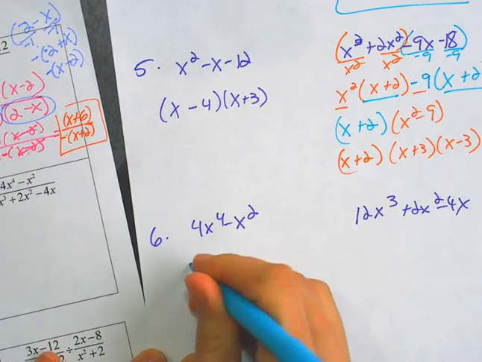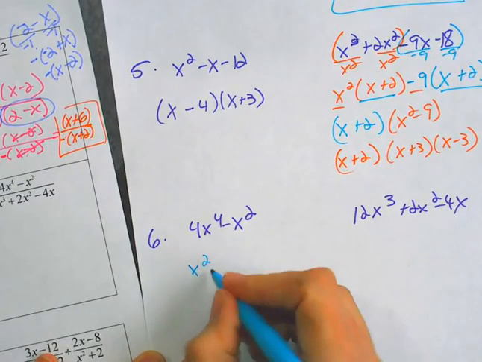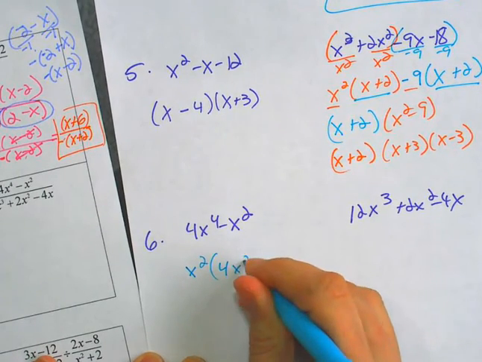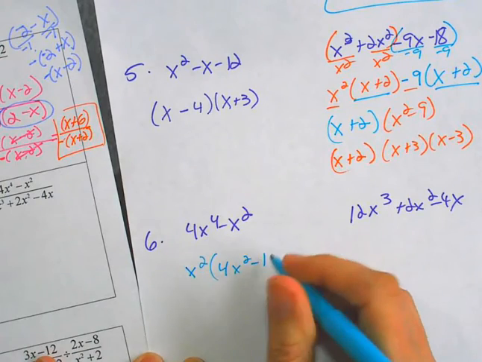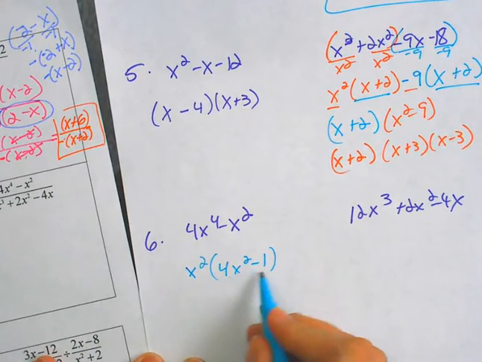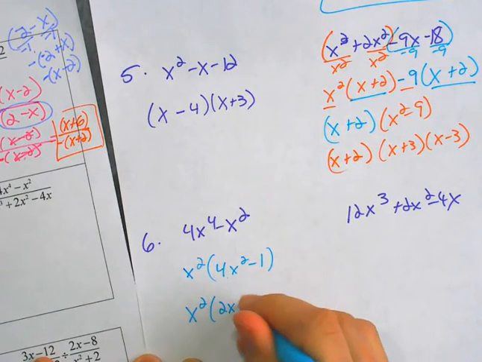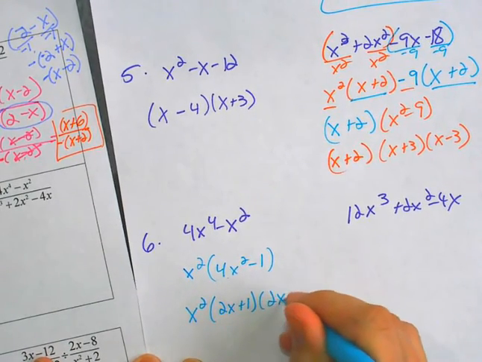All right, I see there's only a GCF, x squared, which is going to leave me 4x squared minus 1. That's the difference of perfect squares. So I have x squared, and then I have 2x plus 1, 2x minus 1.